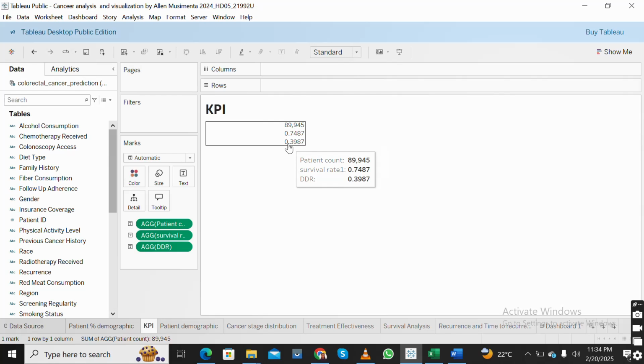So if it's not delayed, we call it 0. If the time of diagnosis was delayed, we call it 1. So that is the if function.